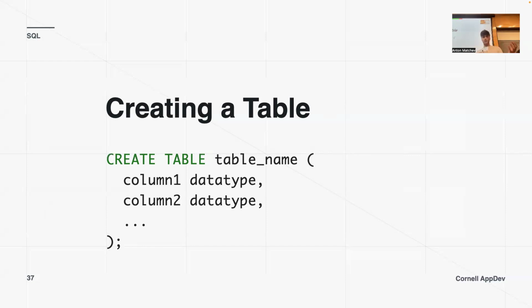So to create a table, you say create table, you give it a name, then you give it the columns. If I want to create that post table, we would have create table posts, then we open the parentheses, column 1 might be ID, and the data type is an integer. Column 2 might be title, and the data type is a string, and so on. This allows us to format the actual data in our table.